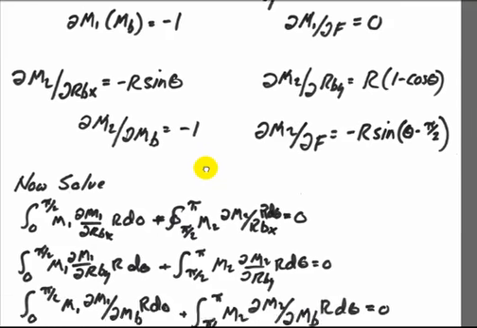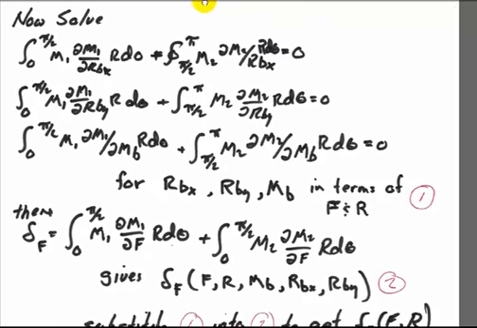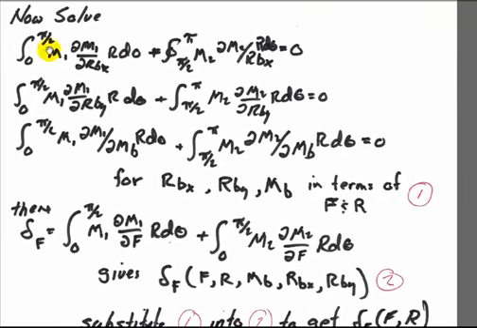Now, here in some shorthand is what we're going to be solving. We're going to take the integral, or the energies, over region 1 and region 2: moments times the partial. We have the M1 equation above, and we plug it in right here.